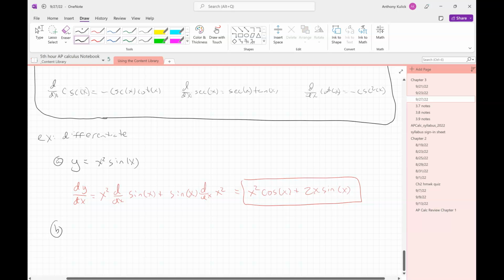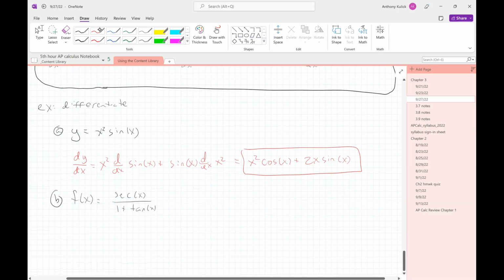So algebraically, hopefully this is not too big of a deal. What if we have f of x equals secant x over 1 plus tangent x? What am I going to do with that?